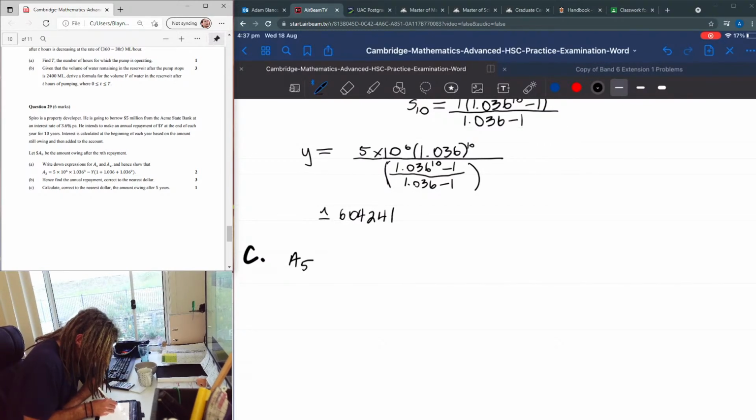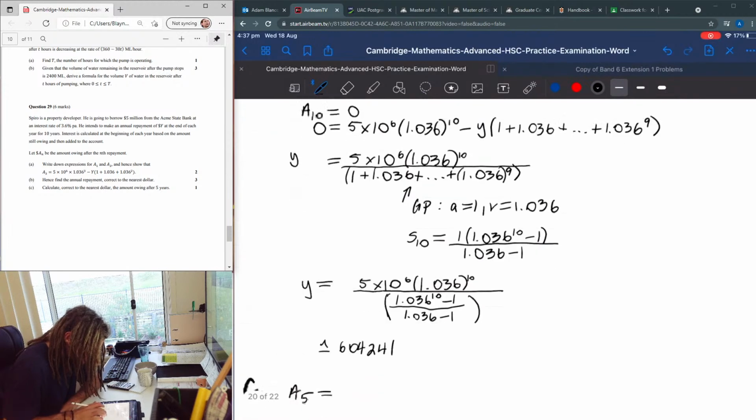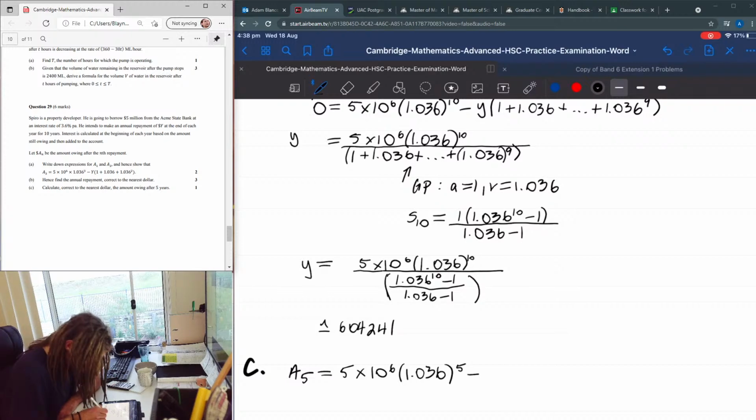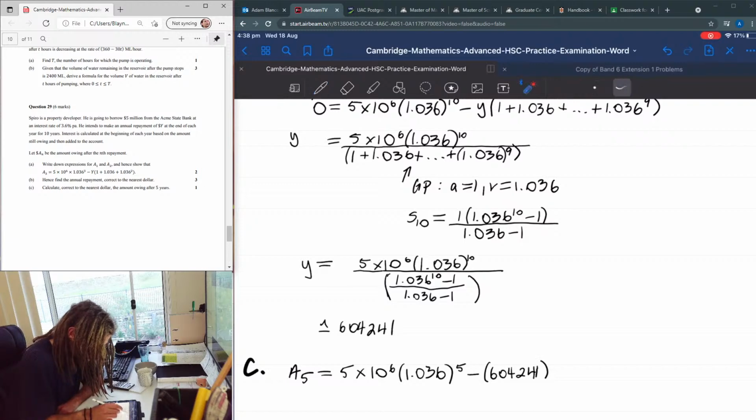So that's the amount owing after 5 years. So I'm going to have to write that line that's at the top, but with a 5 in it. And I know what y is. 5 times 10 to the power of 6, 1.036 to the power of 5, minus y, which is 604,241, and then it's going to be the sum of all these things, but with a 4.